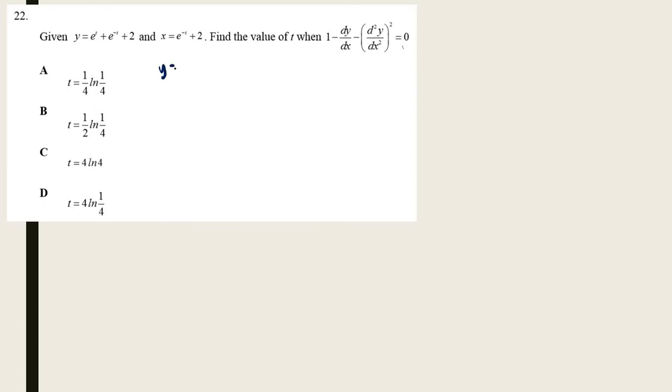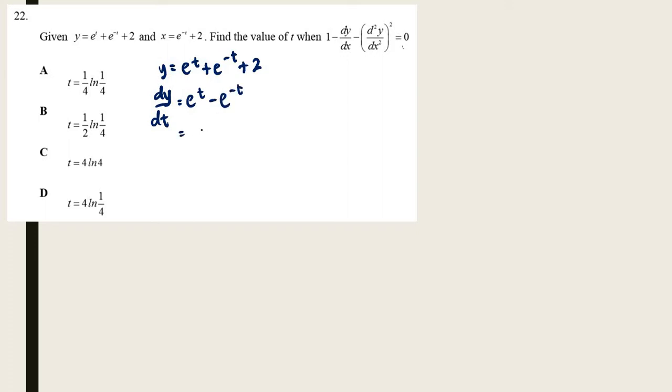We have y equals e^t plus e^(-t) plus 2. So we can get our dy/dt. dy/dt is equal to e^t minus e^(-t).